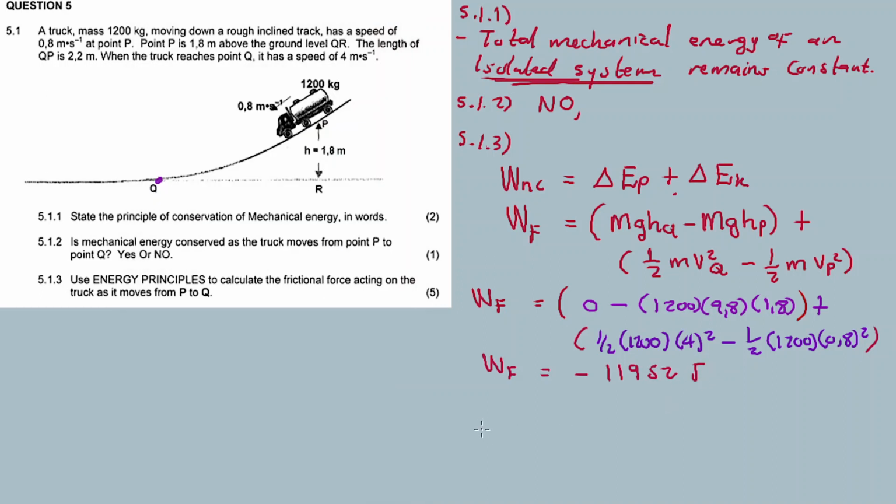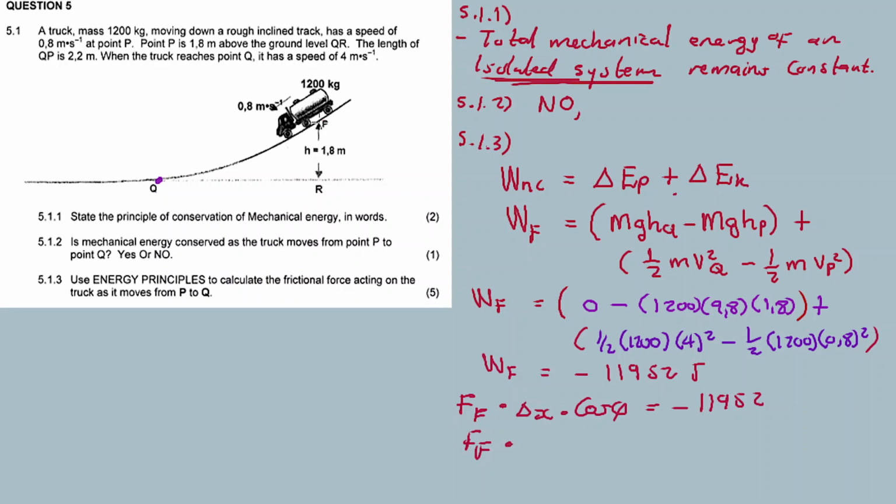Now we want the frictional force. We know that the work is calculated using the formula F, the frictional force, times delta x times cos theta, which is equal to minus 119.52. F is unknown. What is the distance?